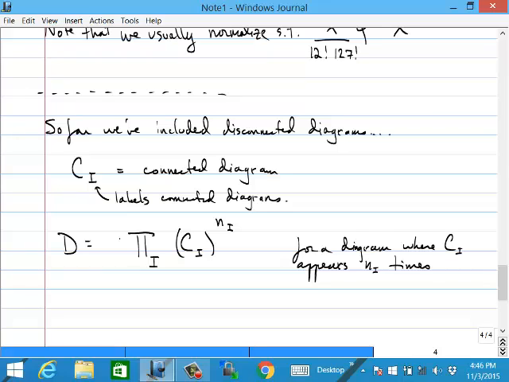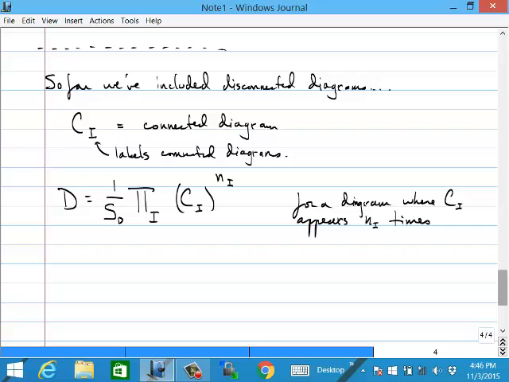And of course, one has to divide by a symmetry factor. And in order to understand what that symmetry factor looks like, let's just imagine a particular example.